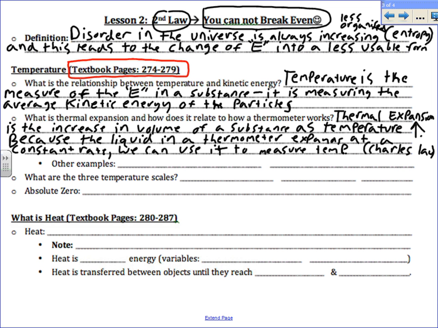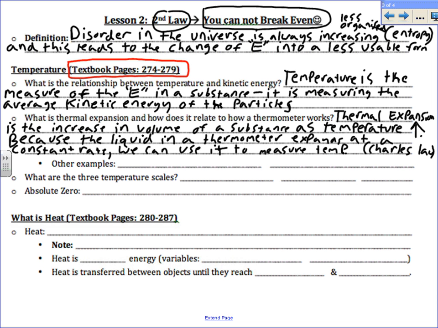So what a thermometer does is put lines at specific key temperatures that it knows that liquid should expand to at that temperature. So that's how we're able to know what the temperature is, because the liquid will expand, or shrink, and we can tell what the temperature of the air is considering that liquid. All right, and that deals with thermal expansion.